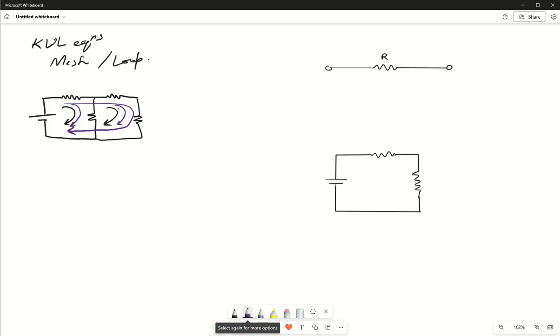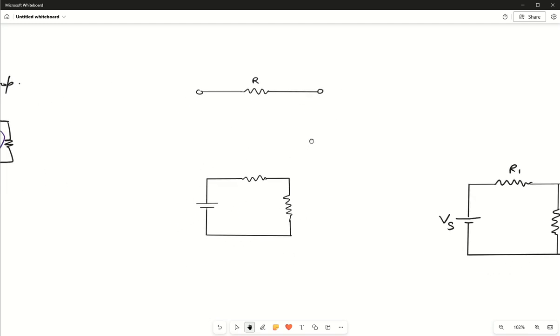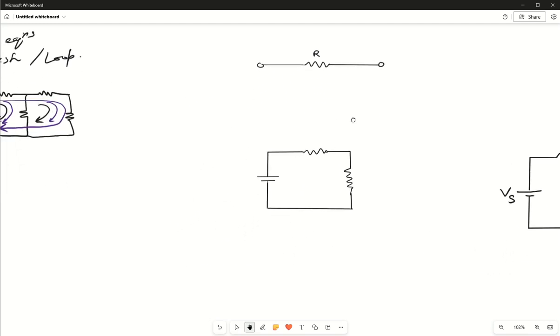For KVL equations, we will be writing with respect to mesh analysis or loop analysis, and depending on our requirement, it will vary. To start with mesh analysis, the first thing we require to understand is, let us consider that whatever we have learned till now, we are not going to recall any of it.